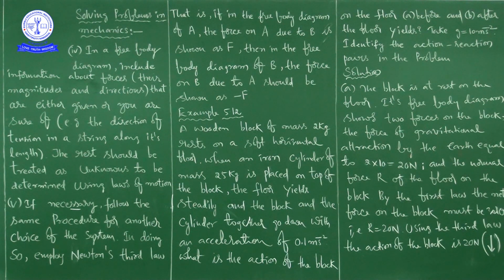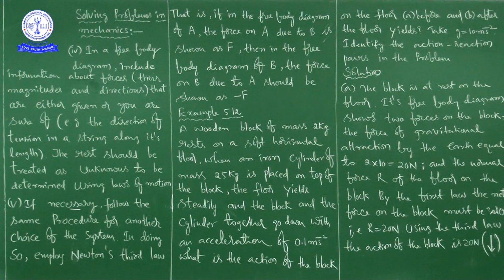What is meant by free body diagram? A picture or a diagram which shows all the forces acting on a body or system is simply called FBD, free body diagram. That is very important for us.